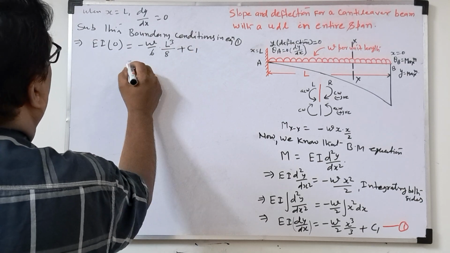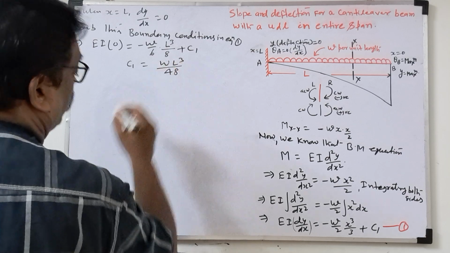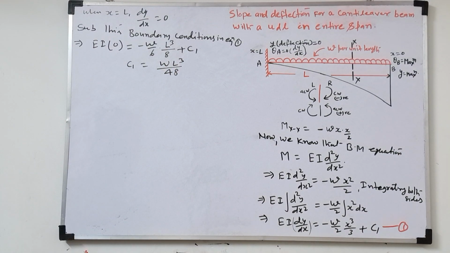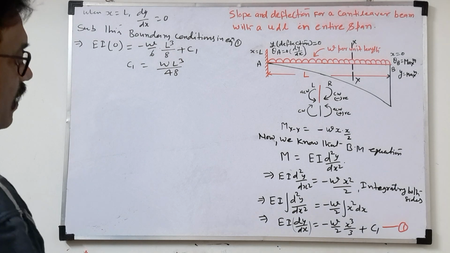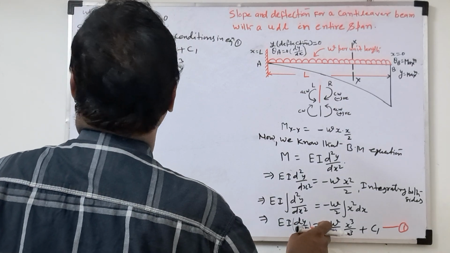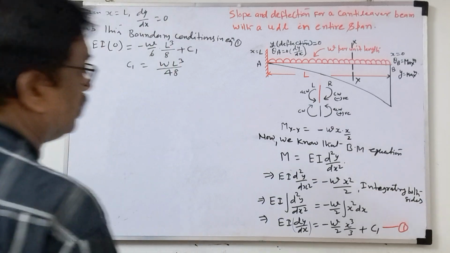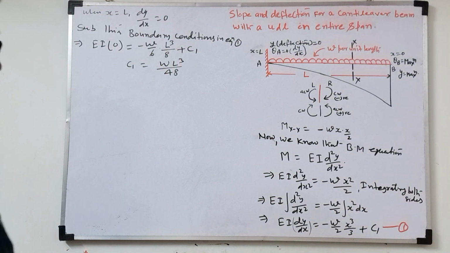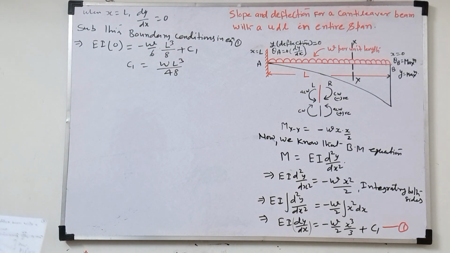So C1 equals W L cube by 6. Just one minute: W x square by 2 integrated gives minus W by 2 x cube by 3, plus C1.